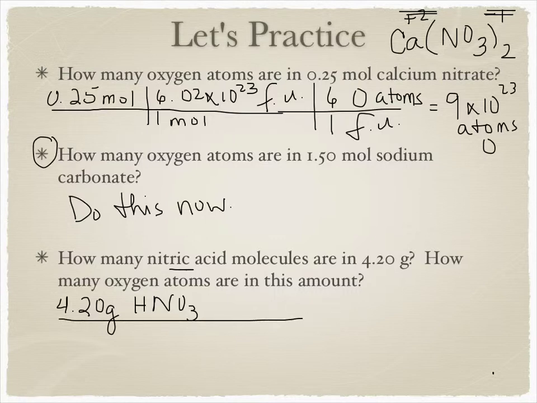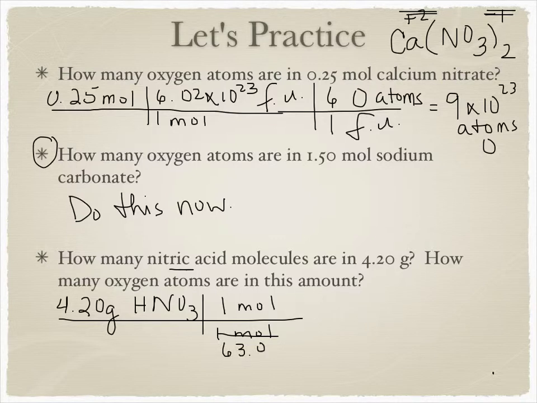So if we want to know how many molecules, we're probably going to have to convert grams to moles. And how are we doing that again? Oh, that's right. We're going to use the molar mass from the periodic table. Oops, did I make a mistake? Yes, I did. 1 mole goes on the top. Why did I make a mistake there? Oh, that's right.